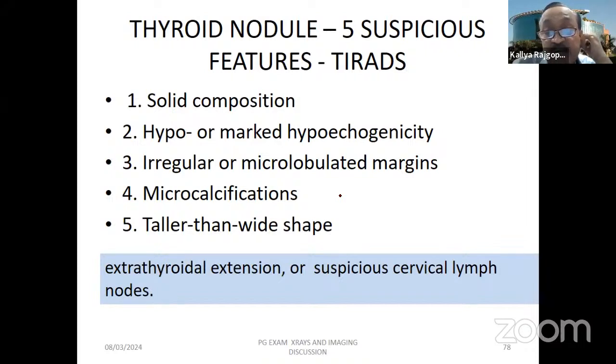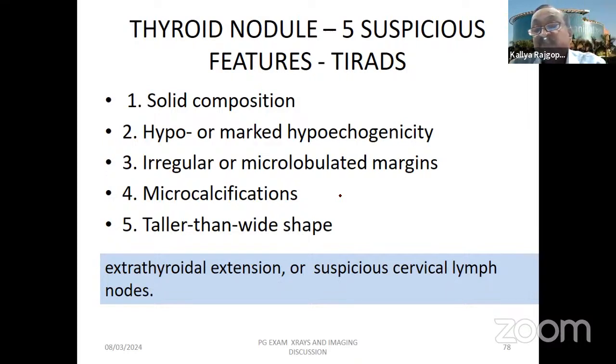But important common questions which are normally asked are these: what are the features which you can diagnose by ultrasound of the thyroid? That is the more solid component. Yes, there is hypo or marked hypoechogenicity, irregular microcalcification, microlobulations, taller than wide.